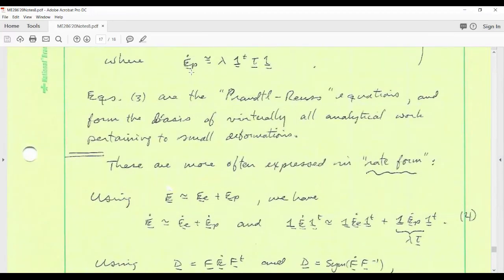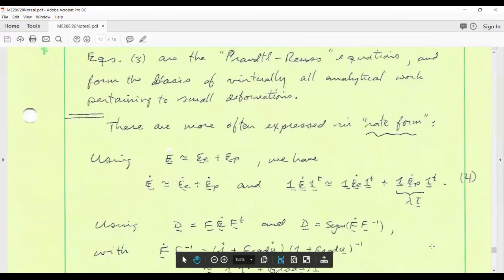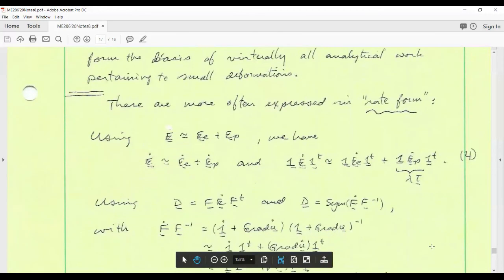If you multiply through by 1 and post multiply by 1 transpose, you get simply lambda tau from the von Mises flow rule. And then we have this business here, right? So we have to take an E dot from the elastic relationship, shift it, and take E dot and shift that.